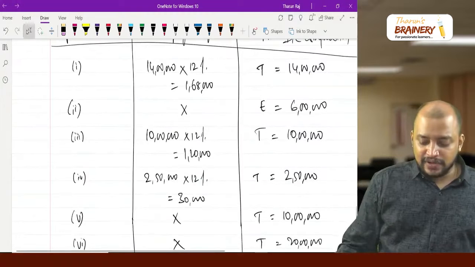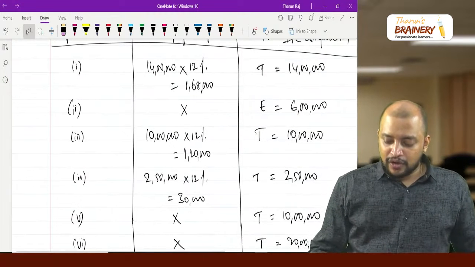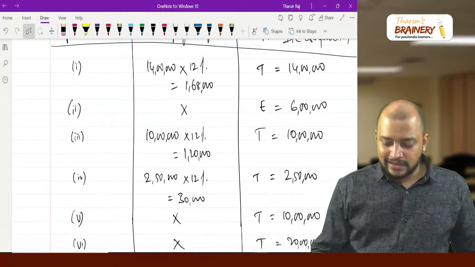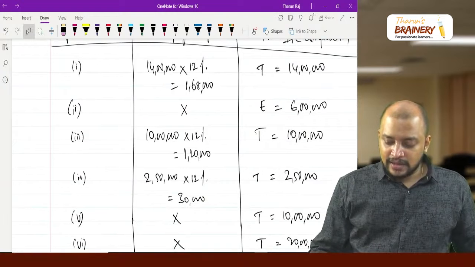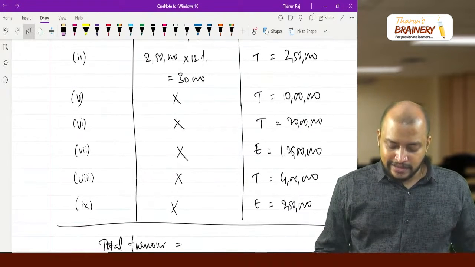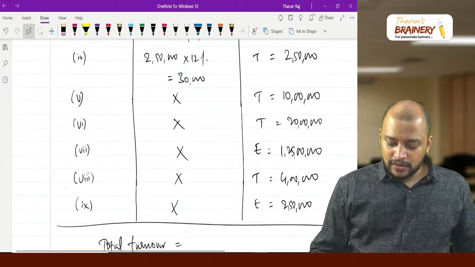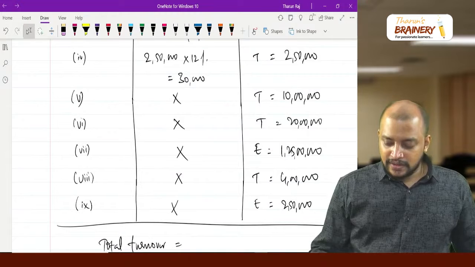So all these things we need to add. 14 lakhs plus 6 lakhs plus 10 lakhs plus 2,50,000 plus 10 lakhs plus 20 lakhs plus 1 crore 25 lakhs plus 4 lakhs plus 2,50,000.